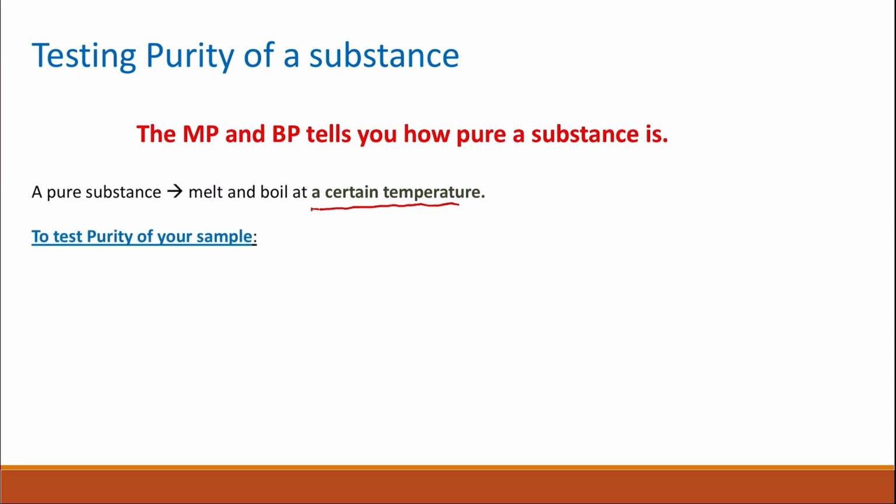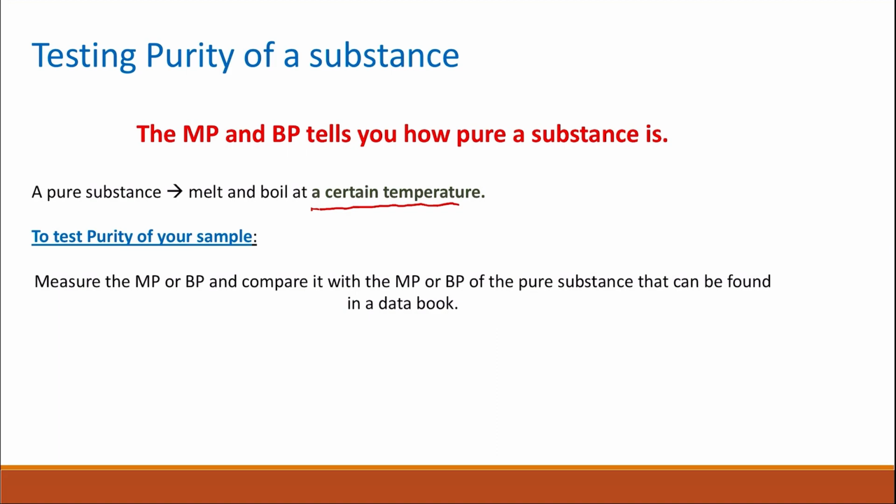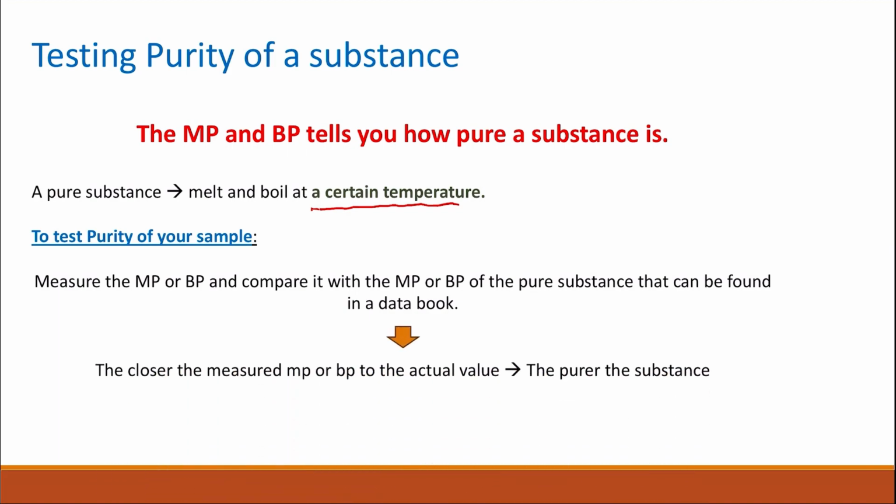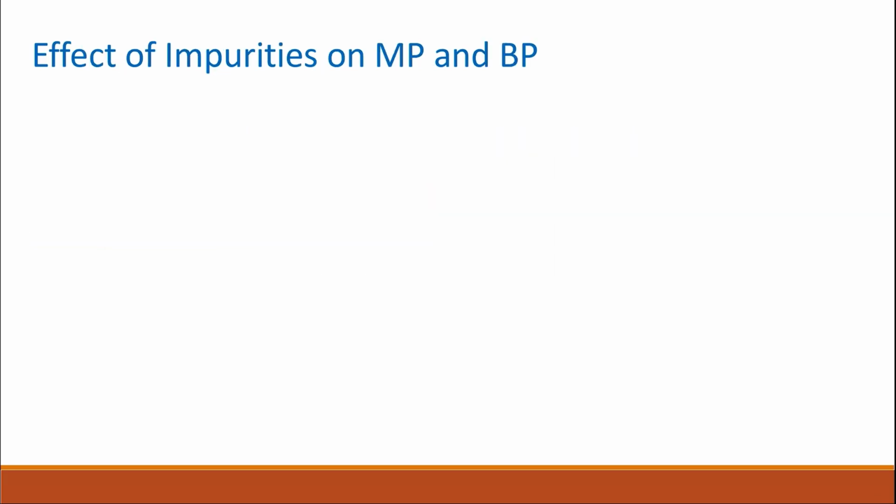To test the purity of your sample, you can measure either the melting point or the boiling point of your sample, and then compare this measured value with the one published in a data book. The closer the value is to the one published in the data book for the pure substance, the purer your sample is.